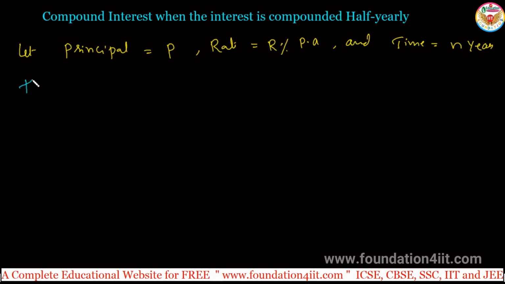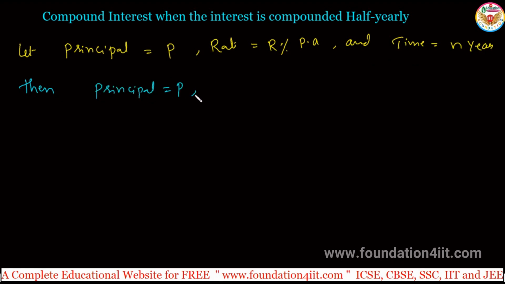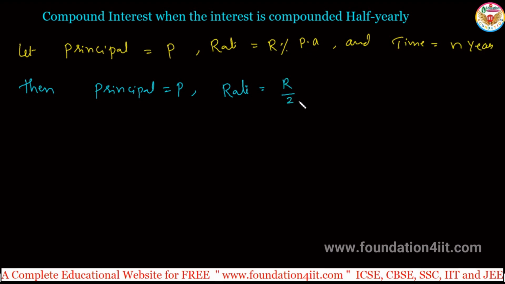Then when it is compounded half yearly, the principal will be the same, it does not change. Principal is rupees P, but the rate, which is R percent per annum, we take as R by 2 percent half yearly.